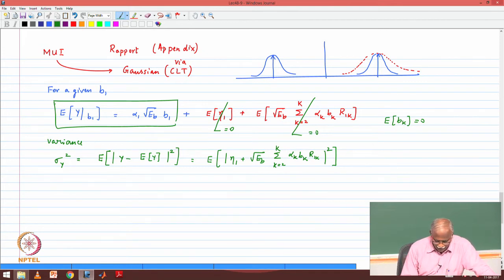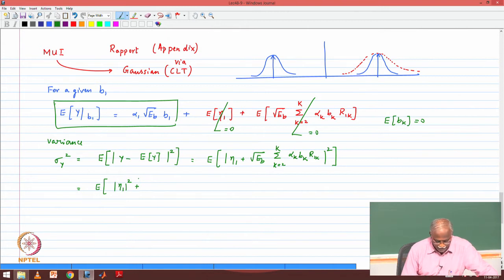So like before, expand this summation. This will be the expected value of whatever is the quantity within the bracket multiplied by its conjugate. The first term is mod eta 1 squared.